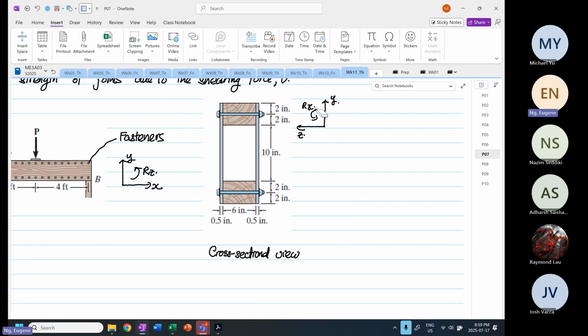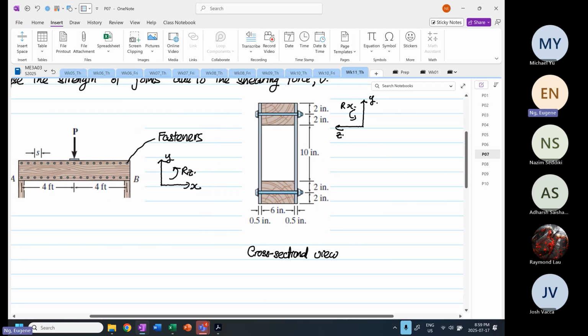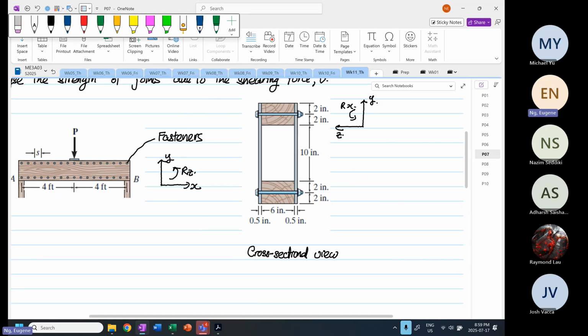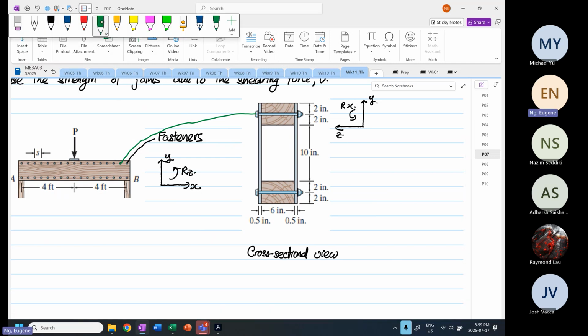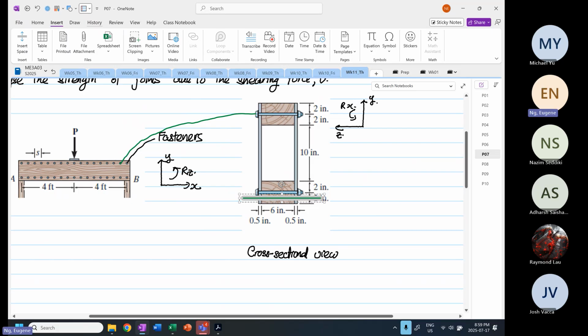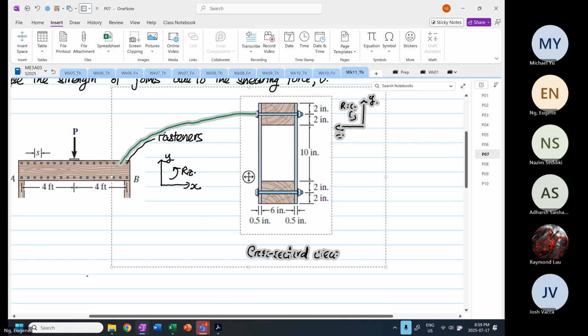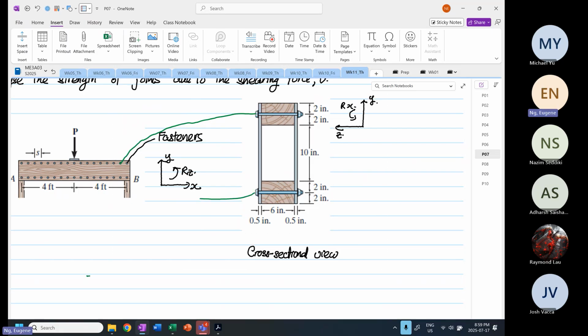There's rotation about X. So if you look at the fastener, this over here is this fastener over here. This fastener represents this over here.